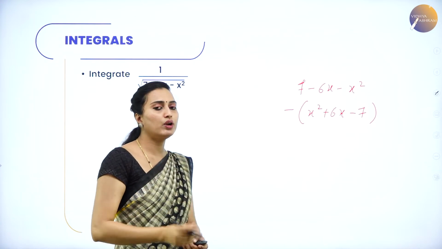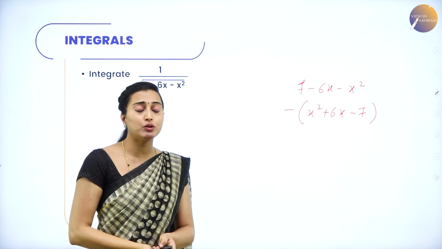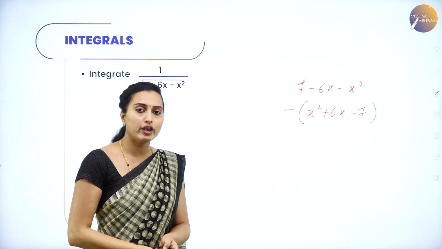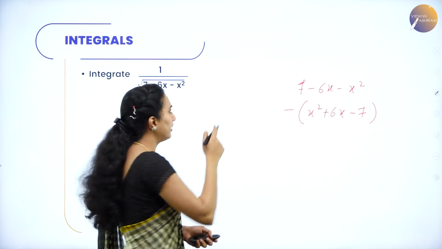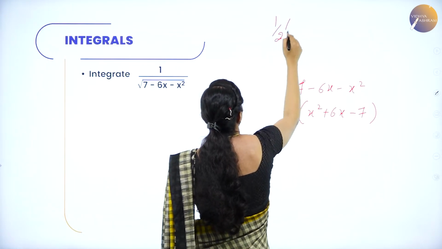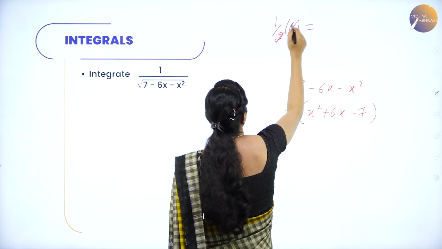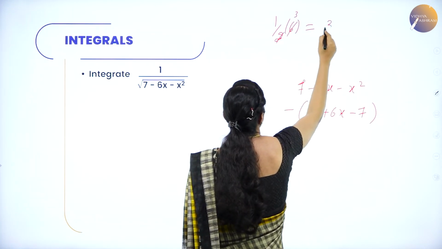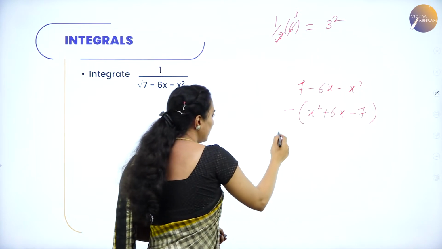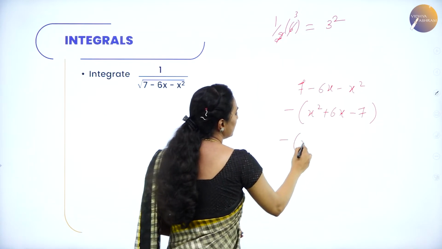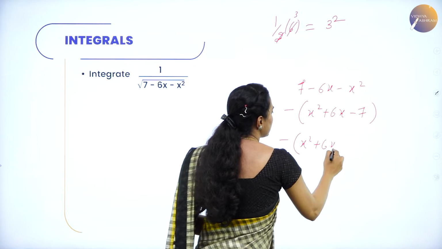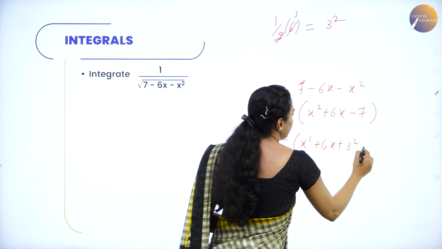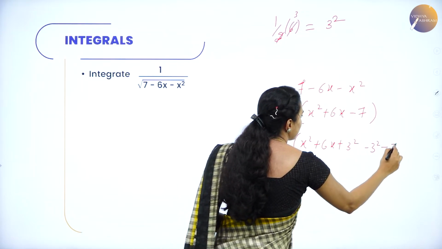Now after making the coefficient of x squared as 1, see what is the coefficient of x? Coefficient of x is 6. Half of that, half of 6 will be 3. That is squared. So adding and subtracting 3 squared: x squared plus 6x plus 3 squared minus 3 squared minus 7.